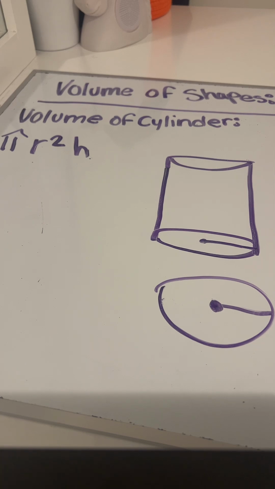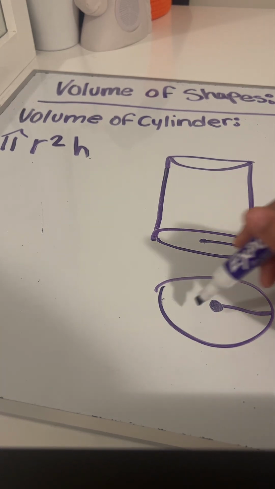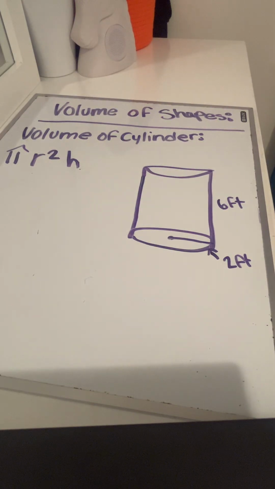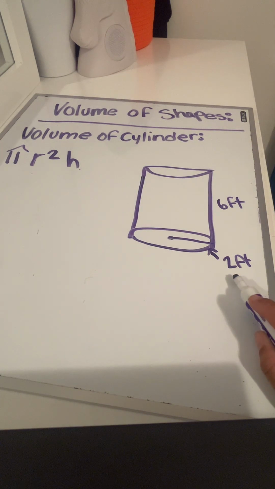To figure out the diameter, you just have to multiply the radius by 2. And to figure out the radius, you just need to divide the diameter by 2. Now, to solve the problem we have here, we just need to find the second power of 2.